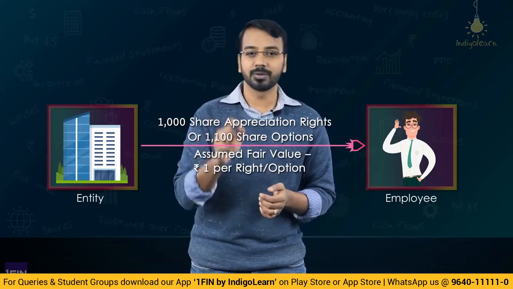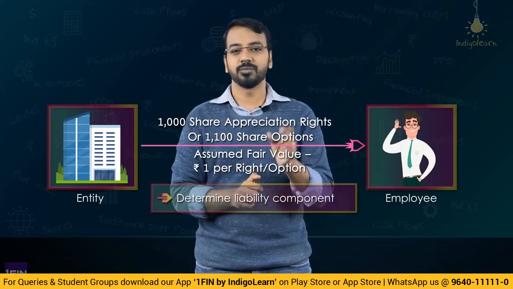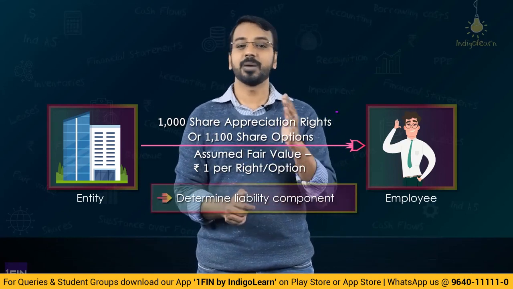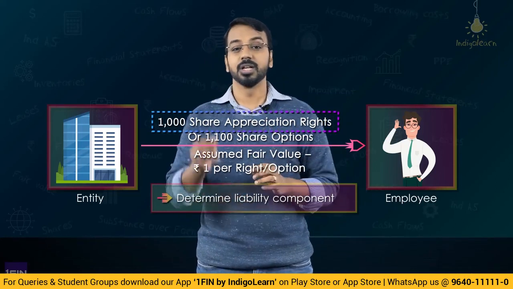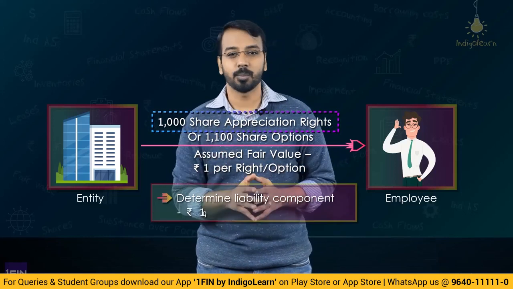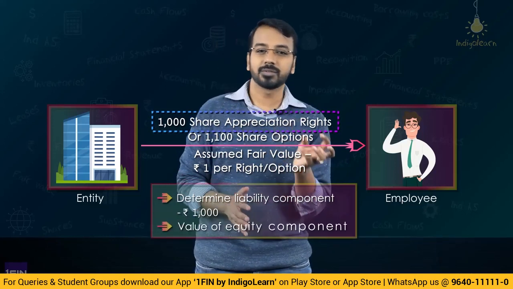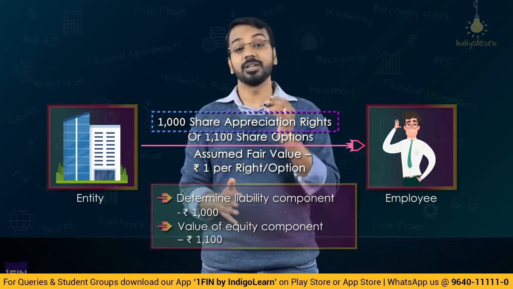So here you have to first determine what is the liability component. Which one is the liability component? The share appreciation rights, which will be cash settled, that is the liability component. So 1000 multiplied by rupee 1 is the liability component. Then what is the total value of the equity component? 1100 multiplied by rupee 1 is the equity component.